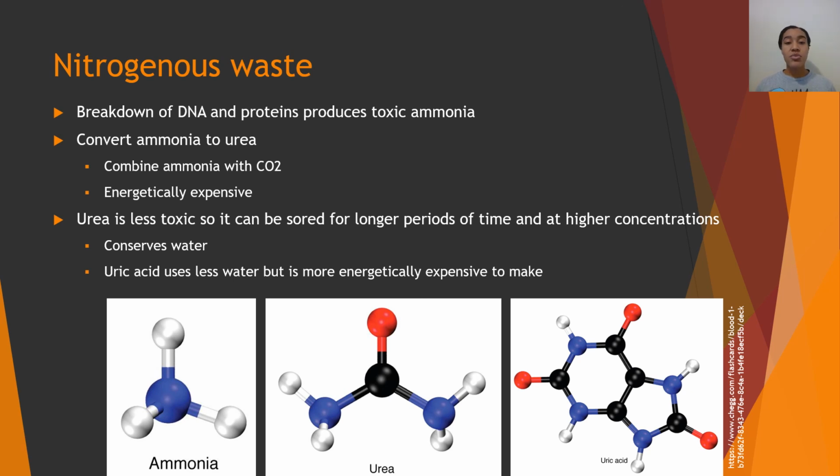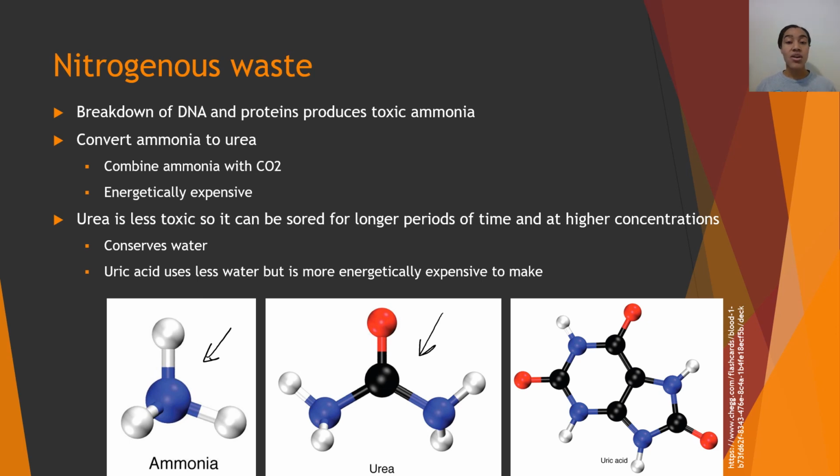In vertebrates, we convert ammonia to a compound called urea. You can see the structure of ammonia here, and this is the structure of urea. We make urea by combining CO2 with ammonia, and the new compound, urea, is far less toxic to our bodies.